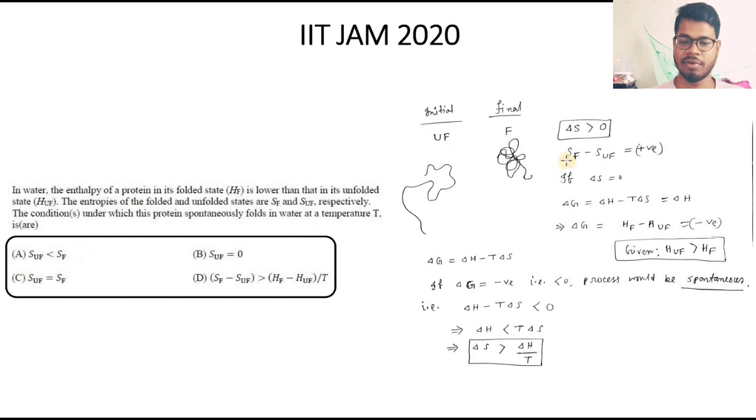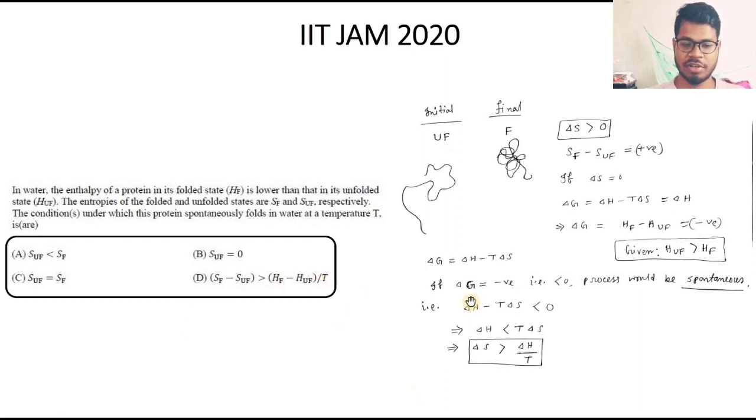Then folded minus unfolded will be positive, that is, entropy is increasing. That's why the process will be spontaneous. If delta S equals 0, that means the folded and unfolded are equal, which I have already explained. And if delta S of unfolded is 0, that means delta S of folding will be positive, so the process will also be spontaneous.